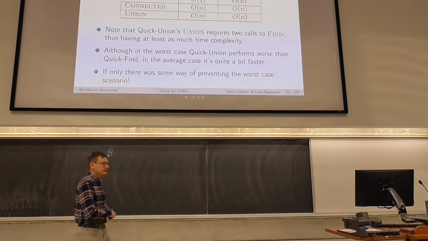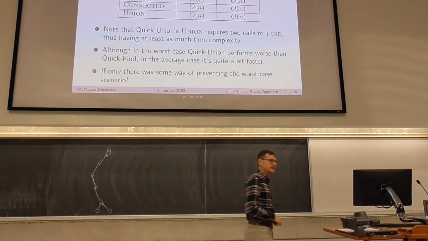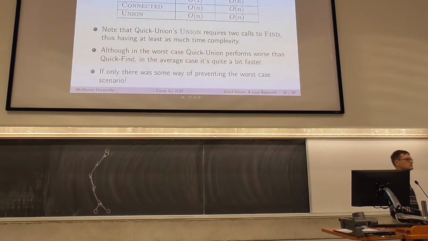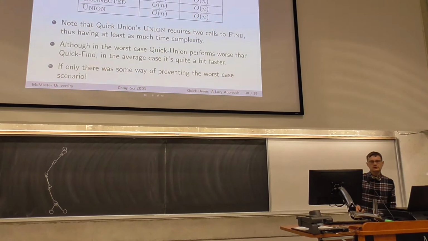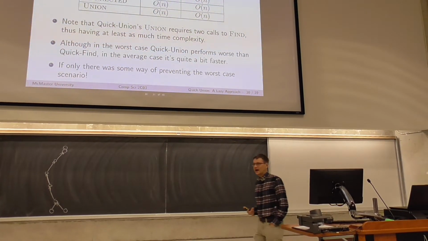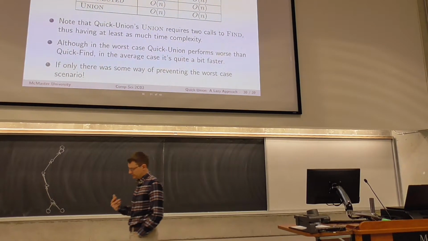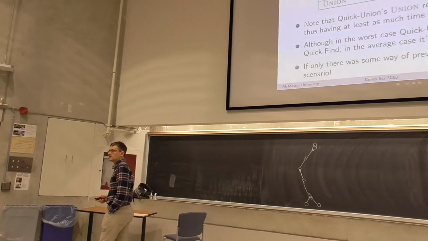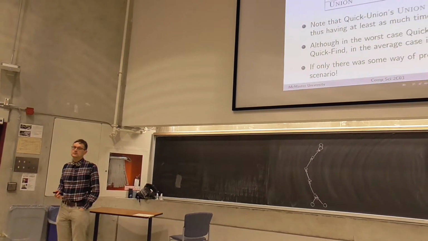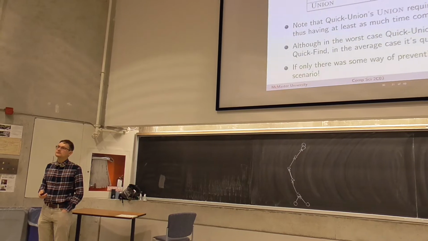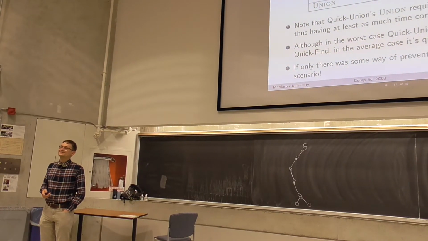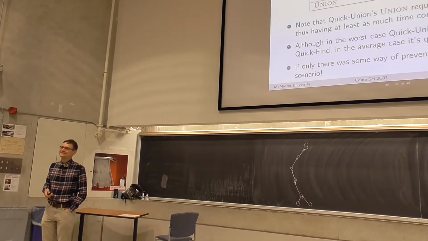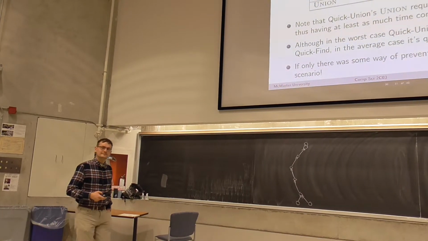How do we prevent something like that from forming in the first place? What leeway do we have? What arbitrary decision are we making at this point, which we could improve this with? Yes? Like how you union those nodes, you don't put one down another one, put like parallel.